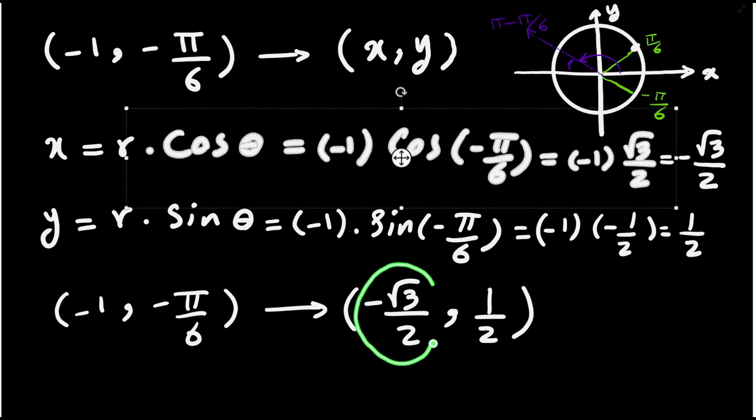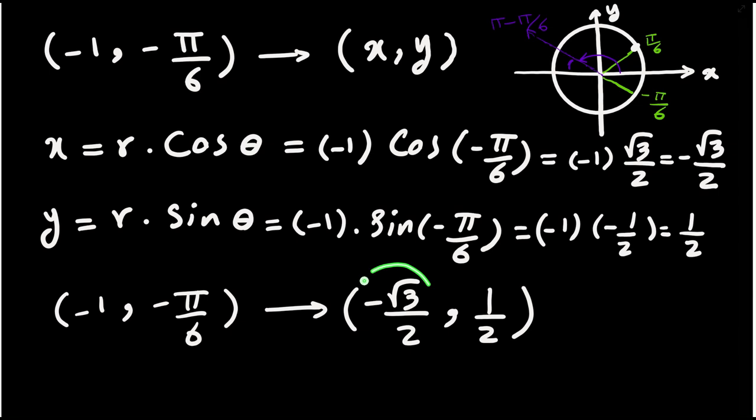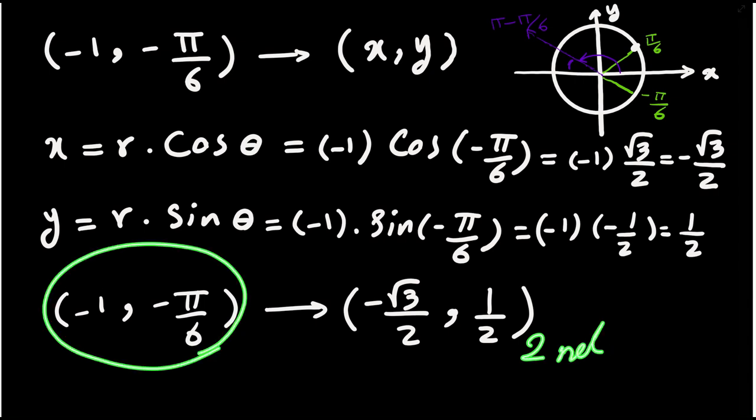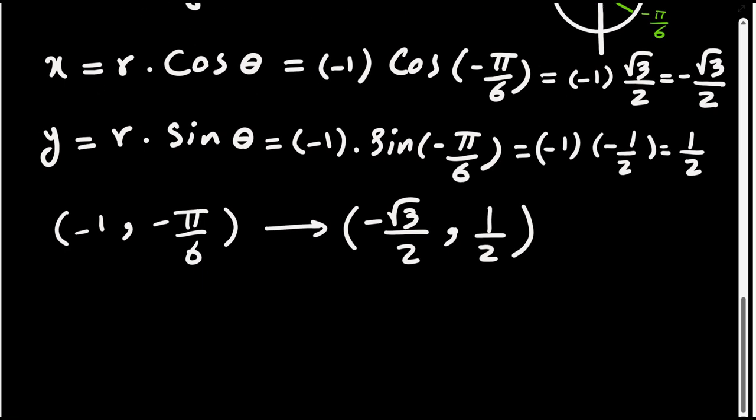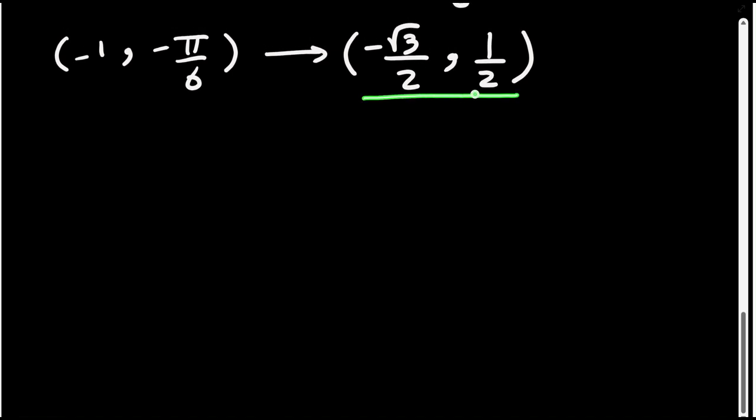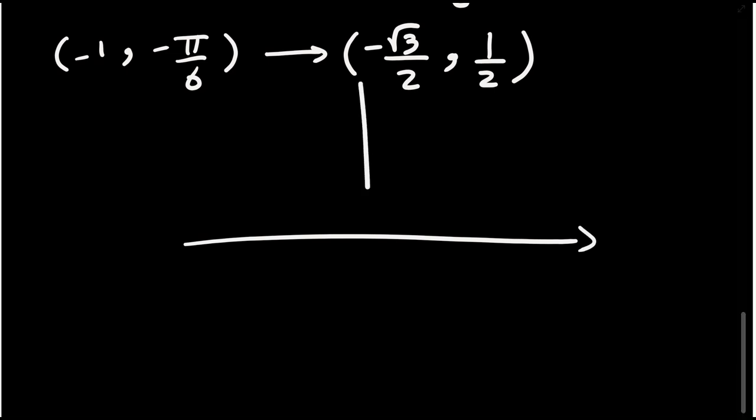Let me explain why we have x negative and y positive, which should be in the second quadrant, while here r and theta are negative, and specifically theta is negative pi over 6, which is in the fourth quadrant. Actually, the point is in the second quadrant. So it's somewhere here.